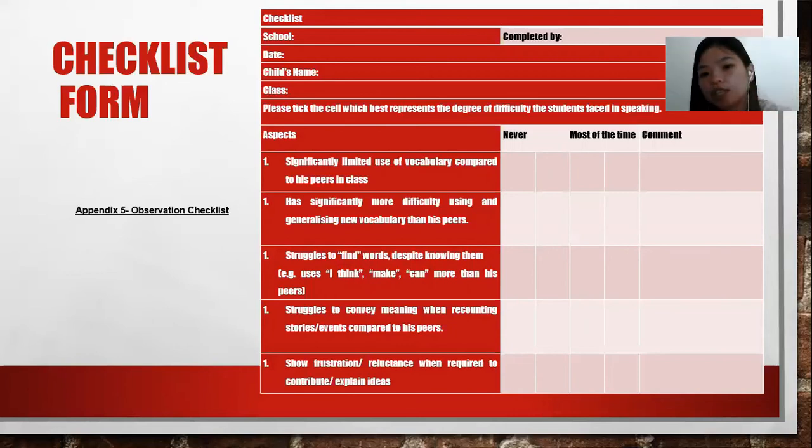So the form will range from never to most of the time. So the observer will have to tick according to the range that they think is most suitable. And when he or she has some comments on the lesson or on the intervention, the comments will be written in a column which is prepared for them to write.